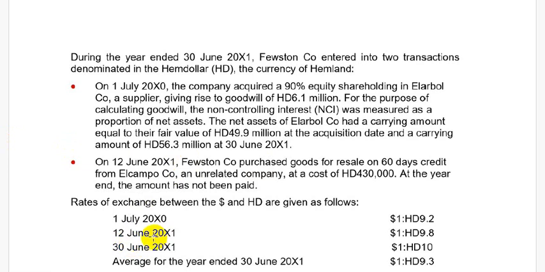We use the spot rate on 12th June when the transaction took place. So the 430 is translated at 9.8, and then retranslated on 30th June at 10.